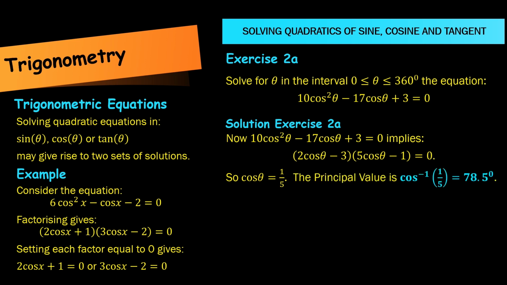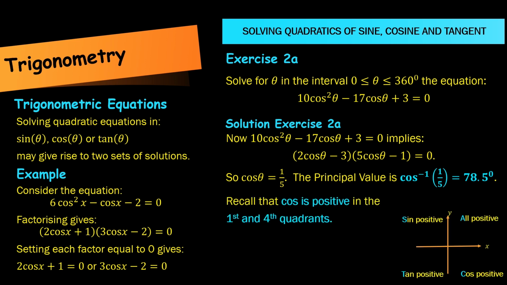If cos theta equals 1 over 5, the principal value is cos inverse of 1 over 5, which is equal to 78.5 degrees. Now, recall that cos is positive in the first and fourth quadrants, as you can see from the CAST diagram.